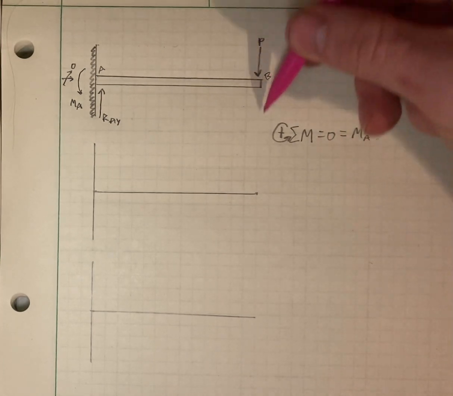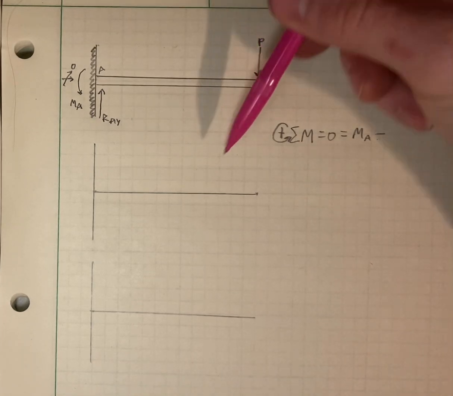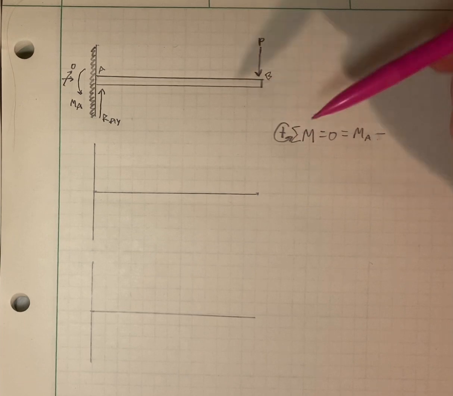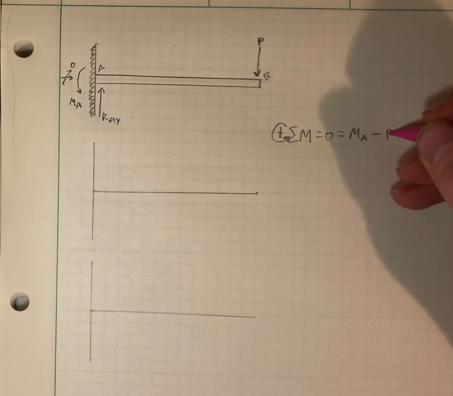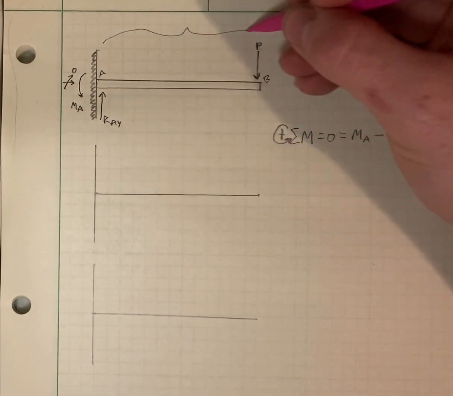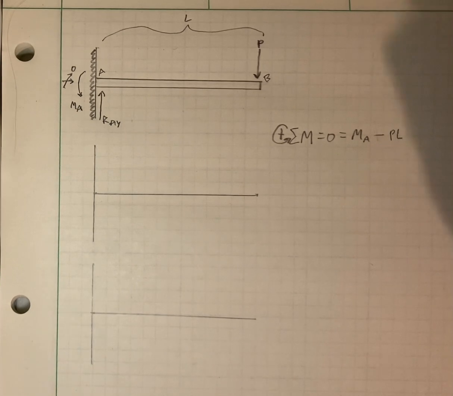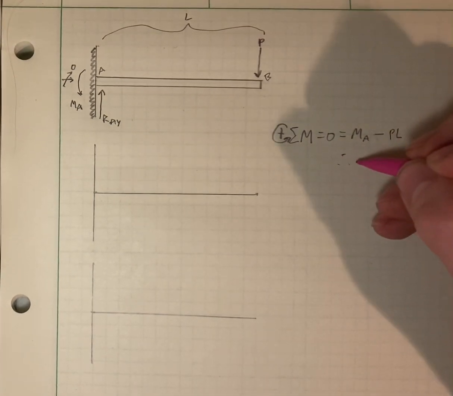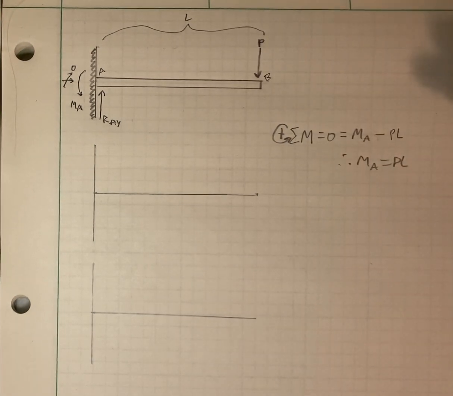Because it's going against my positive sign convention. That'd be going clockwise, and the convention is counterclockwise. So minus P times distance L, right? Force times distance creates this moment. All right, so solve for MA equals PL, great.